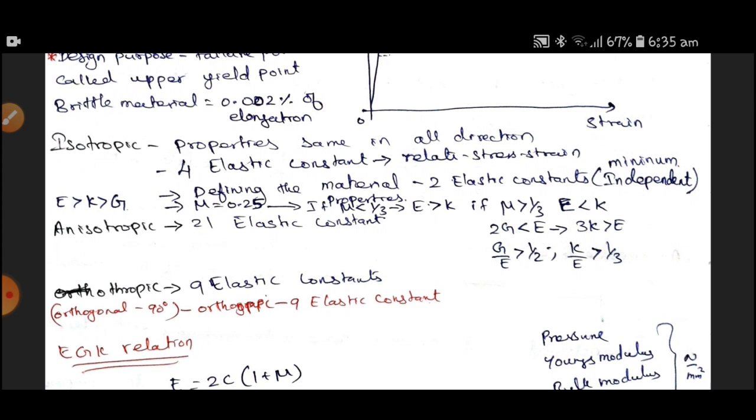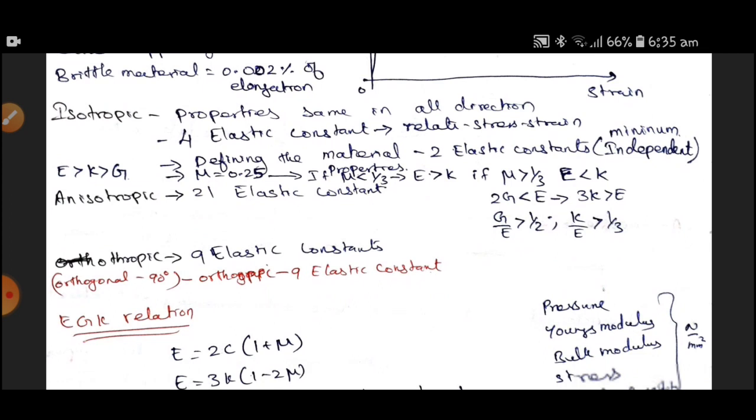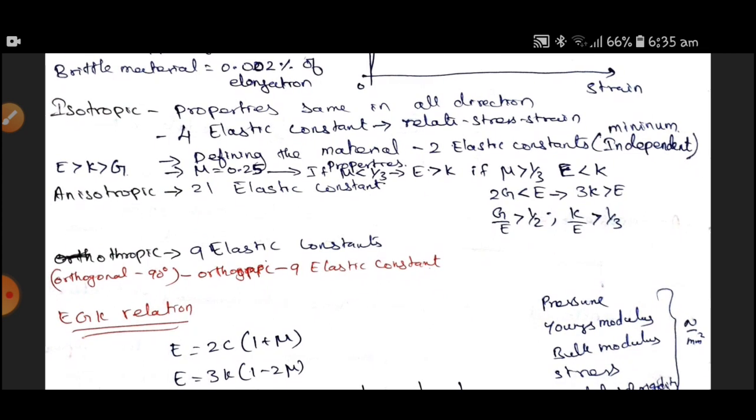Next, anisotropic material. In anisotropic material, the properties are different in all directions. Therefore, it requires 21 elastic constants to define the material and the stress strain relationship. Orthotropic material has the same property in mutually perpendicular directions.